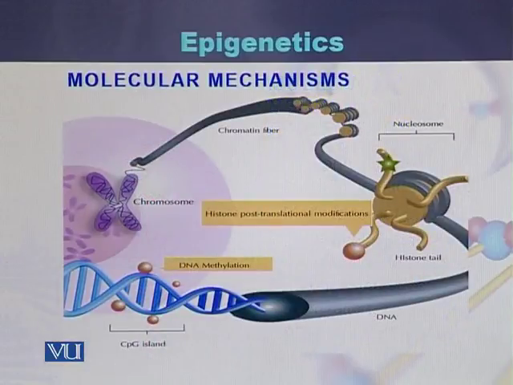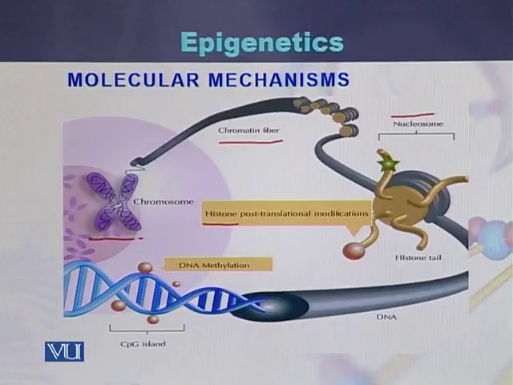The molecular mechanism: how methylation occurs in the DNA sequence and how there are post-translational modifications of the histones. Here we can see the structure of the chromosome. The chromosome consists of chromatin fiber, and chromatin fiber is built up of building blocks called nucleosomes. So chromatids are made up of nucleosomes, and within the nucleosome there are histones.